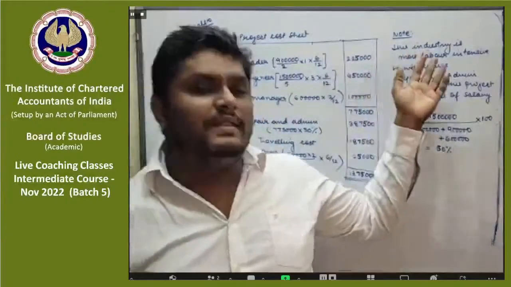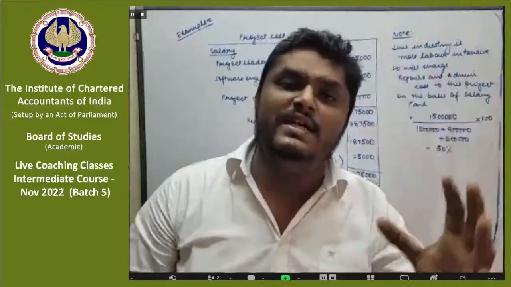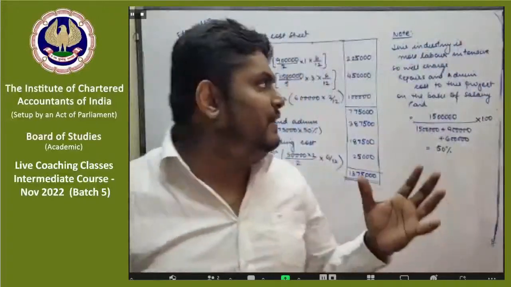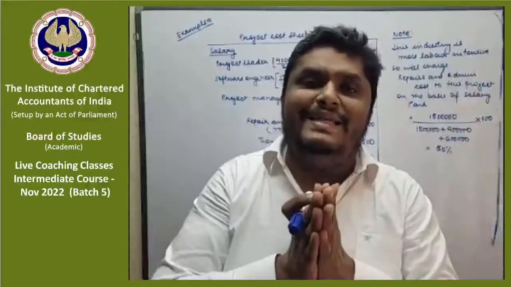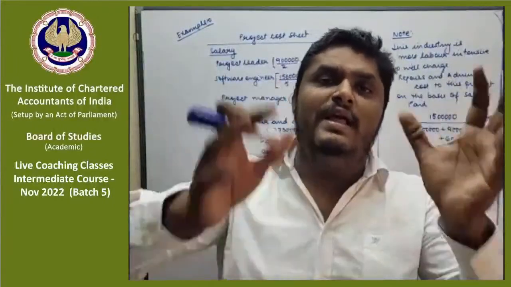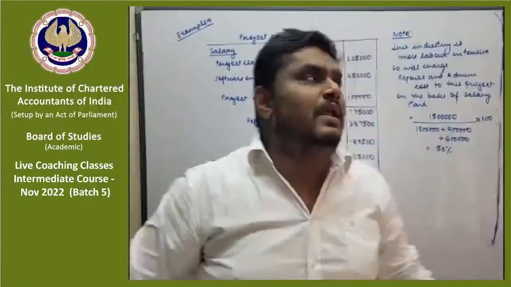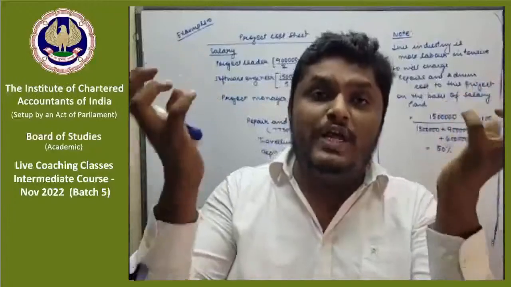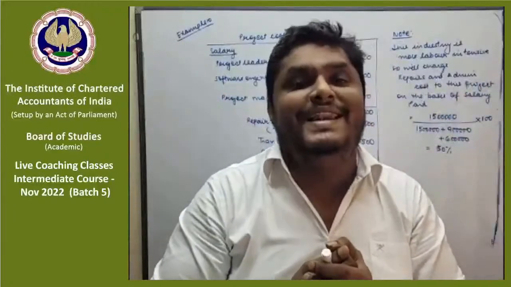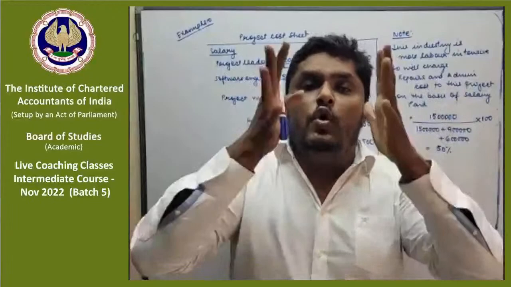Madhuri, I have written this why 50%, because this industry is more of a labor intensive industry. So herein, as far as the salary is concerned, it is specifically given in the question that this much salary is to be charged. Now the question is how to charge the overall repairs, maintenance and administration expenses. No basis is given.